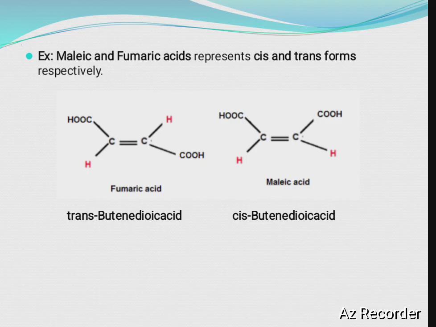Here we are considering the maleic and fumaric acids, and these can be represented as cis and trans forms.